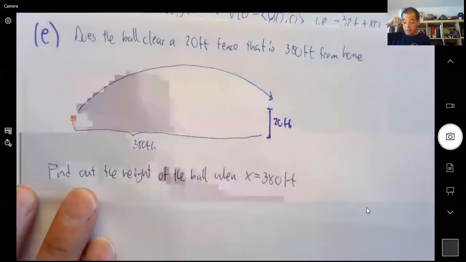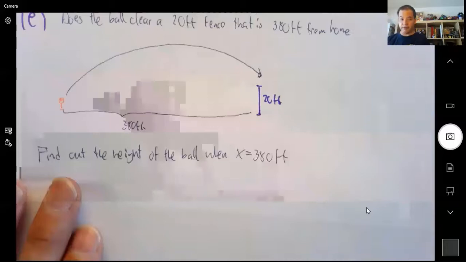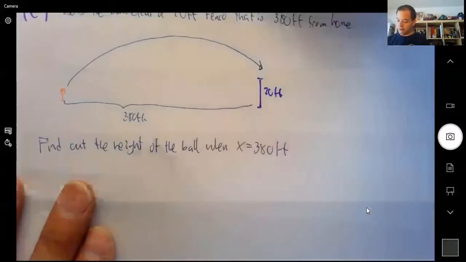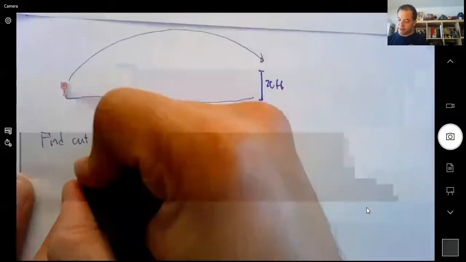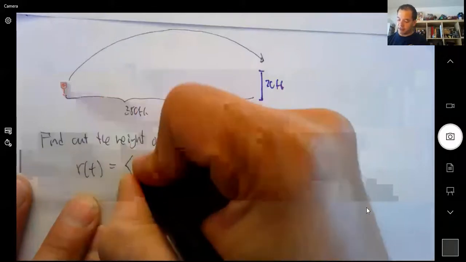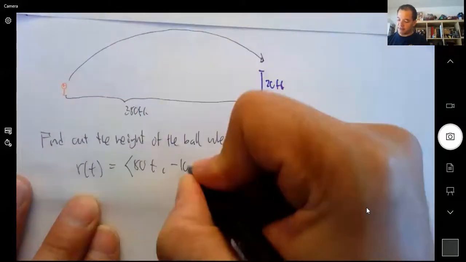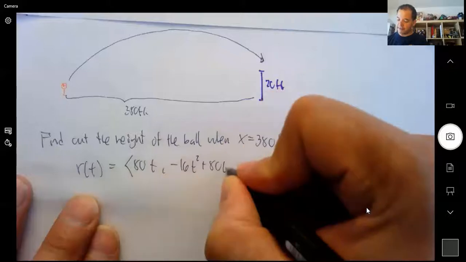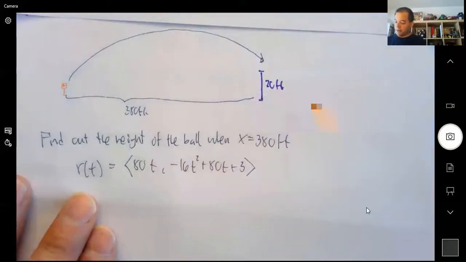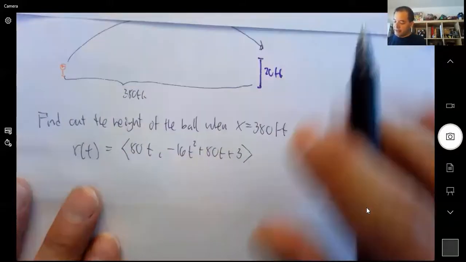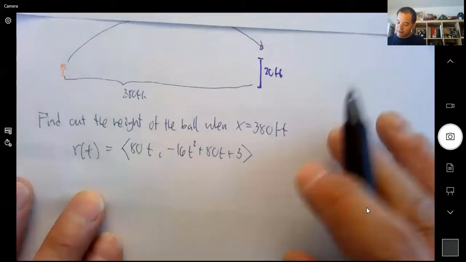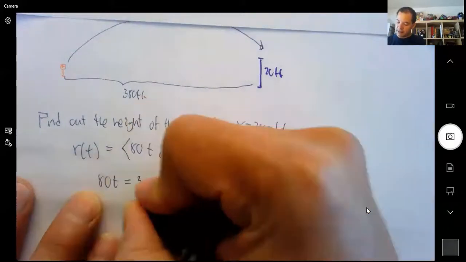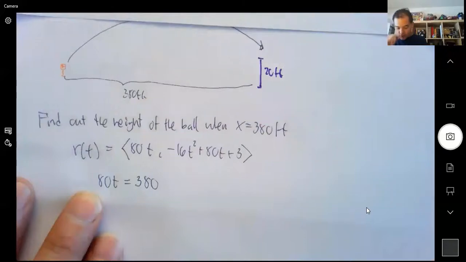Okay, and what was the position of our ball? Let me write it here. Here's our position: negative 16t squared plus 80t plus 3. So then we find out when 80t is 380. So the x is 380, and then we can figure out t.